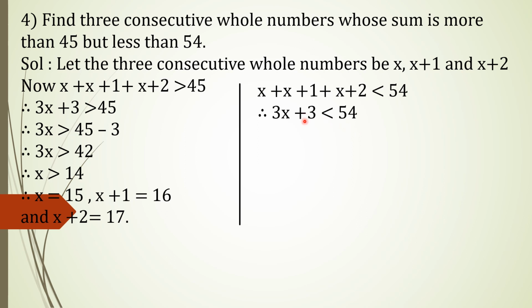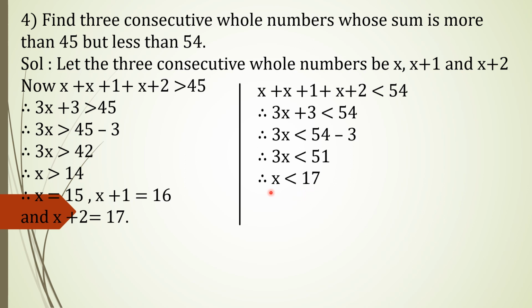We'll bring this 3 to the right hand side. It will become 3x is less than 54 minus 3, you'll get 51. Now you'll find out the value for x. You'll take this 3 to the other side and divide. Therefore x is less than 17. You'll divide by 3, so it will become 17. You'll get the answer as 17.